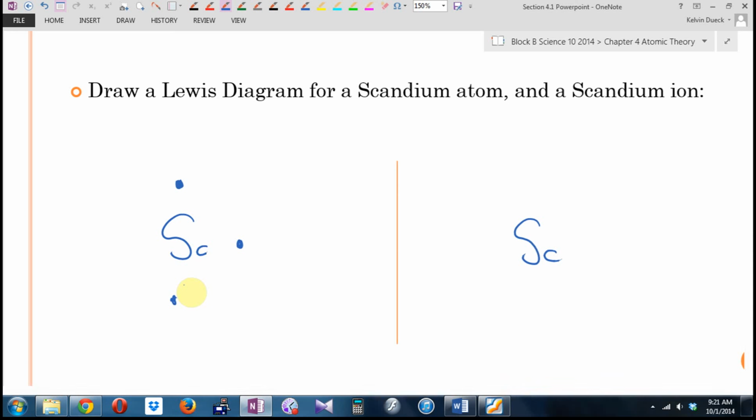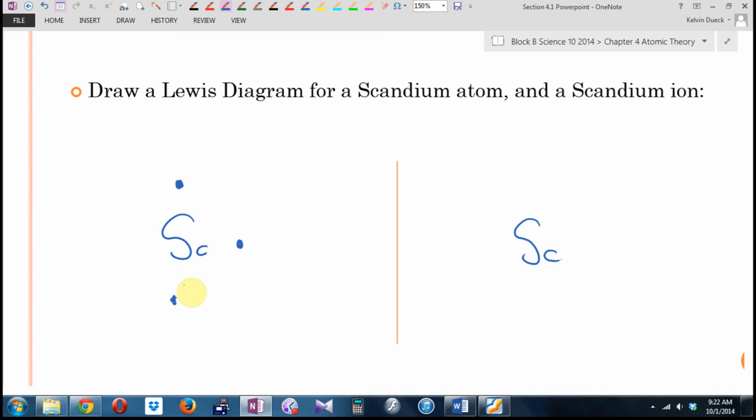Now, what about a scandium ion? Now, you ready? The alarm bell should go off right now. Ion, things get tougher, things get more challenging. I need to think about whether it gains or loses electrons. Look at scandium. What's its valence charge on the periodic table in the top right corner? What does it say? 3 plus? So it's going to lose 3 electrons, which means how many will it have in its outer shell?